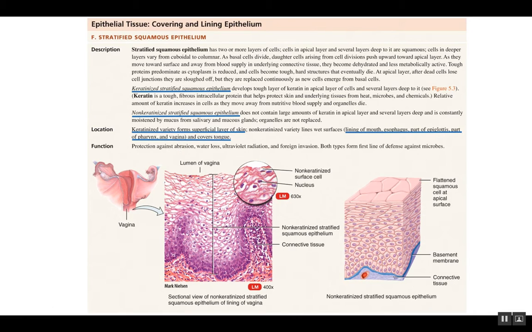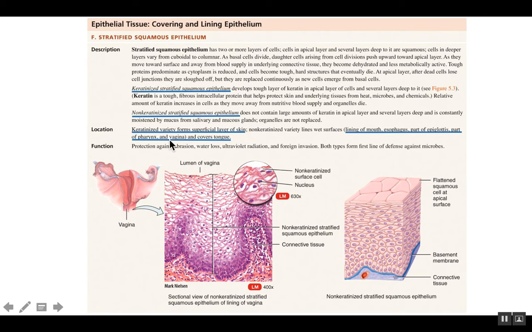So this tissue is not as tough as keratinized, but it does offer quite a bit of protection to these surfaces. For example, if you were to scratch the inside of your mouth, you can remove a lot of the outer layers of the stratified squamous without damaging the underlying tissue.